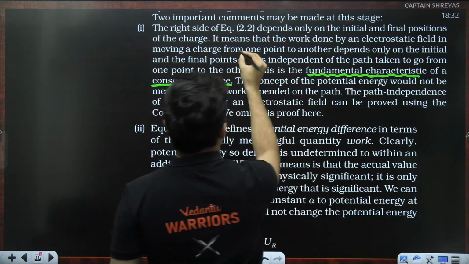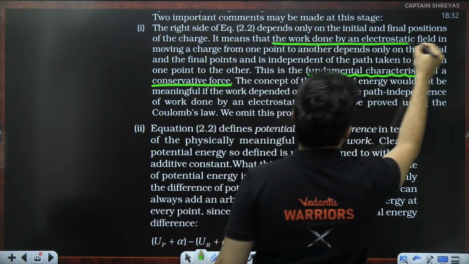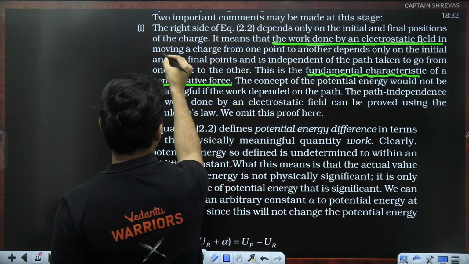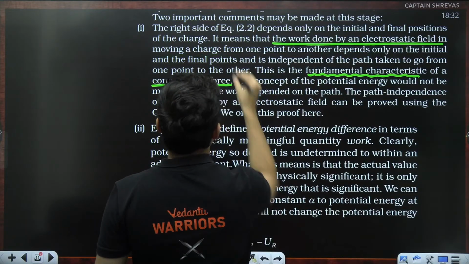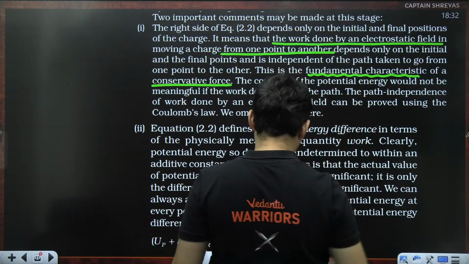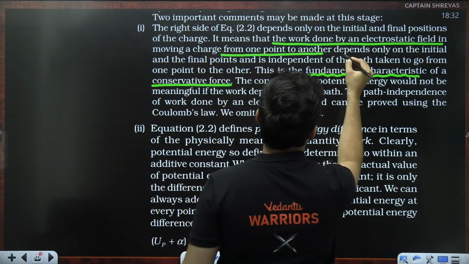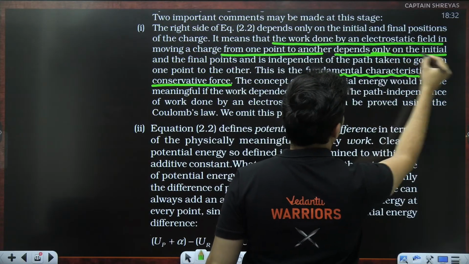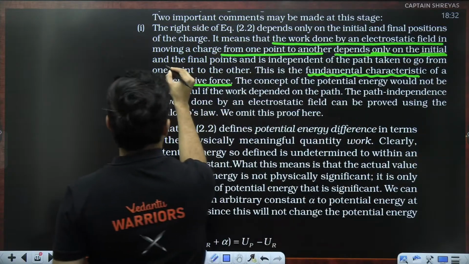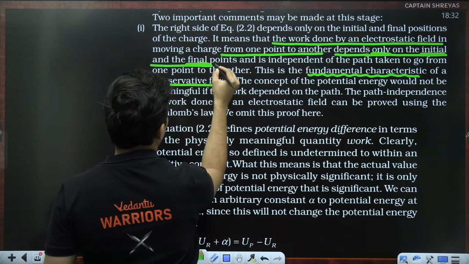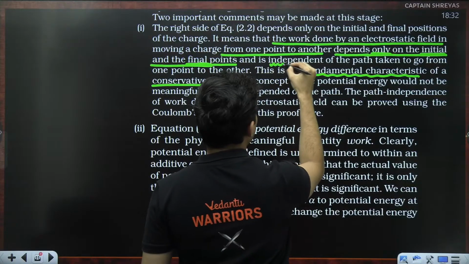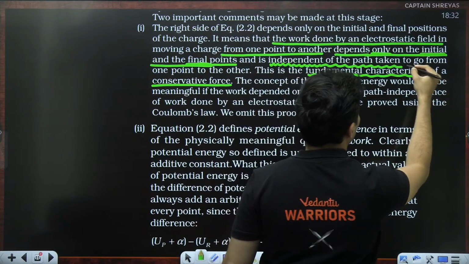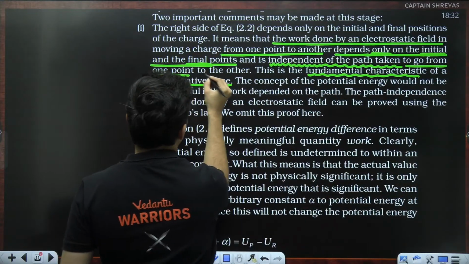It is that the work done by electric forces or spring force or gravitational force, which are conservative in nature, to go from one point to another, depends only on the initial and the final locations, and it is independent of the path which is being taken to go from one point to the other.